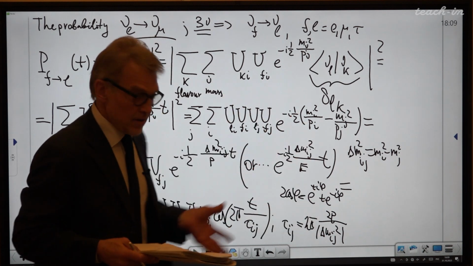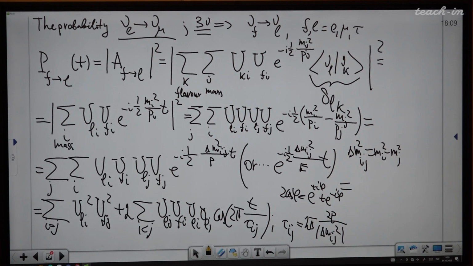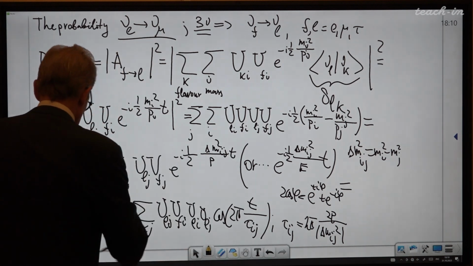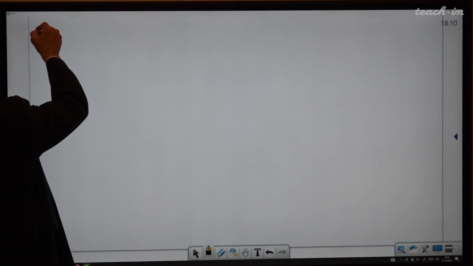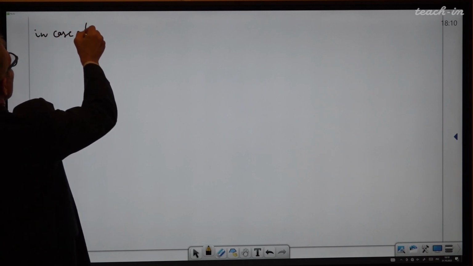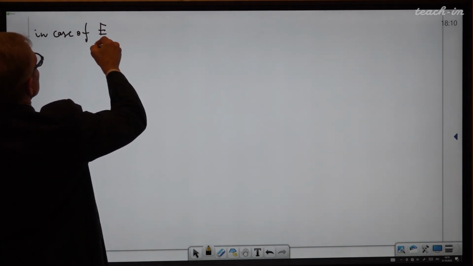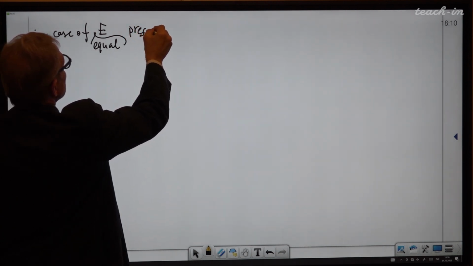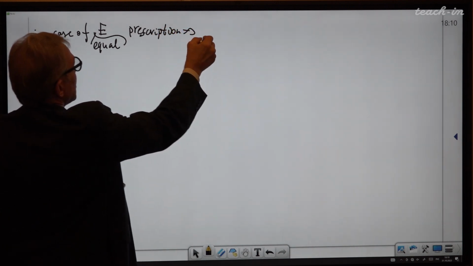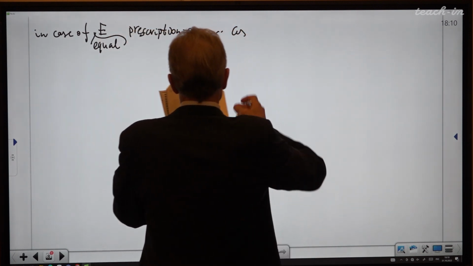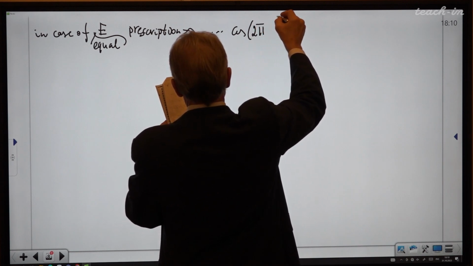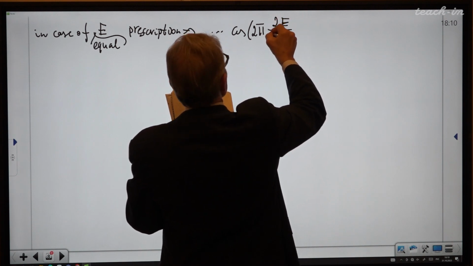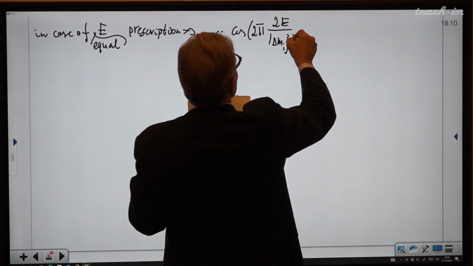If we do the same within the other prescription, the equal energy prescription, we shall have the same, but the cosine will be expressed as cosine of 2 pi times 2 energies divided by the modulus of the mass square difference.